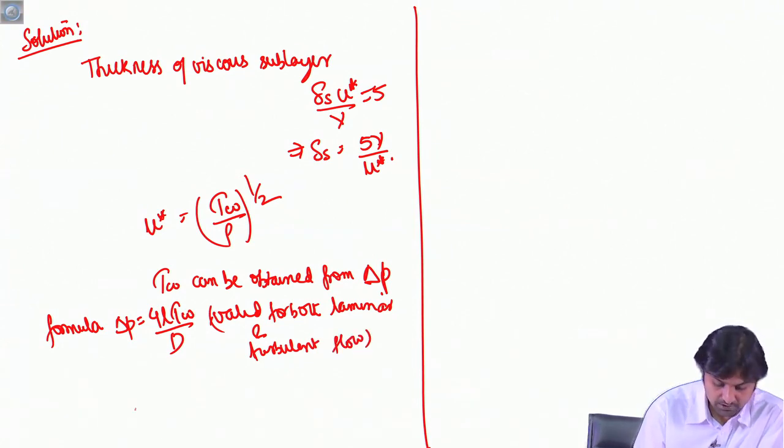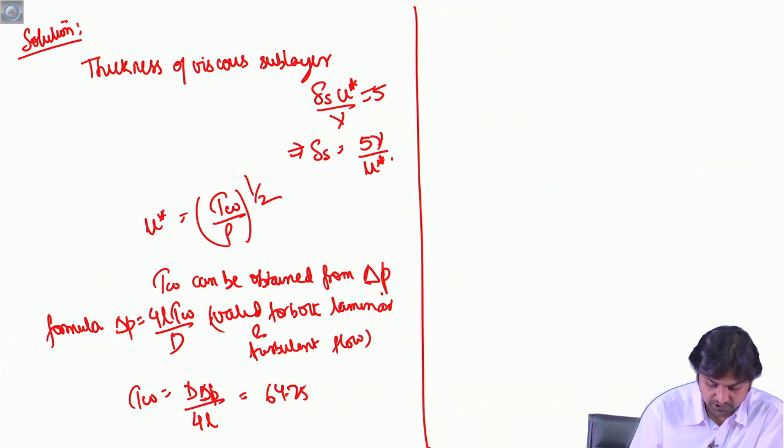So tau w would be d delta p by 4L, and after substituting the value we are going to get 64.75 or 64.8 Newton per meter square.